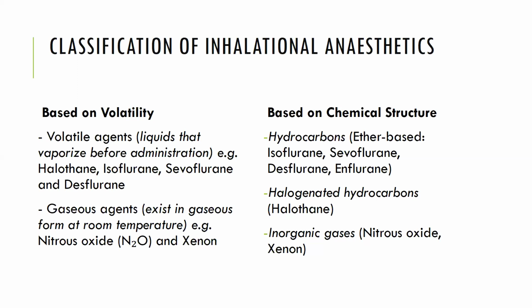So volatile agents such as halothane, isoflurane, and sevoflurane are liquids in their natural state, but need to be vaporized before they can be administered. Then we have those that exist in a gaseous state at room temperature: nitrous oxide and xenon gas.